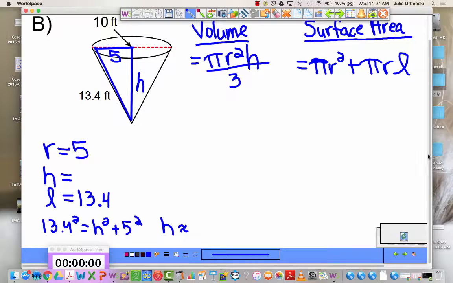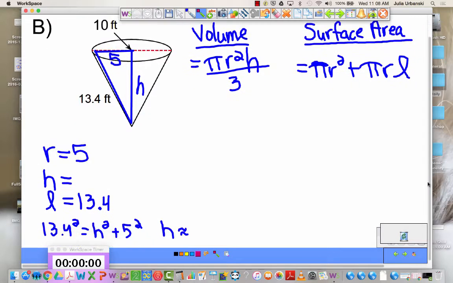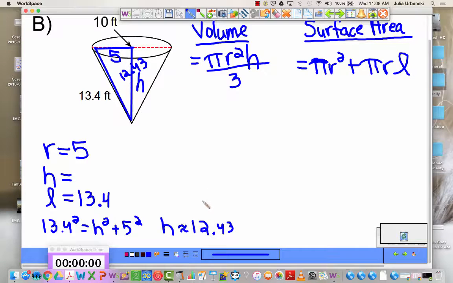Okay, good. When we're trying to get exact answers, since this one says to the nearest hundredth, can you give me the height to the nearest hundredth? Okay, so now we have all the information we need. 12.43. Now, if you do it this way, it's just a matter of plugging in and doing your PEMDAS.